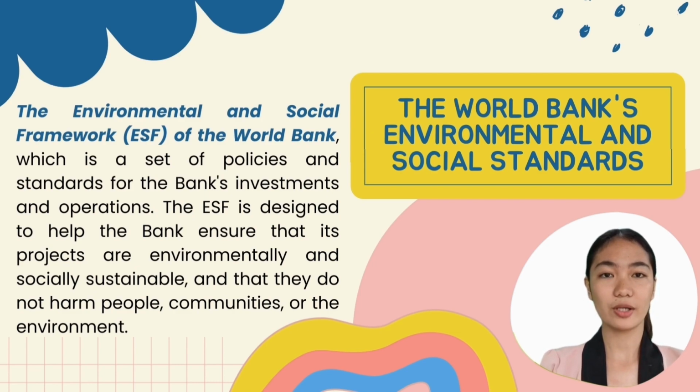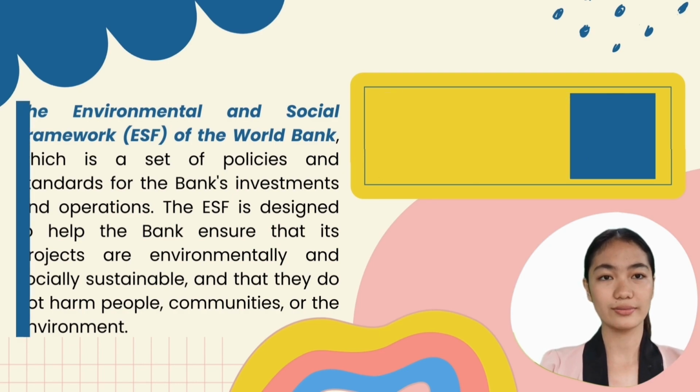The World Bank's environmental and social standards are aligned with international norms and best practices, and they are regularly updated and reviewed to ensure that they remain relevant and effective. The bank staff receive training and guidance on how to implement the standards, and the bank also engages with stakeholders, including affected communities, to ensure that their views and concerns are taken into account.